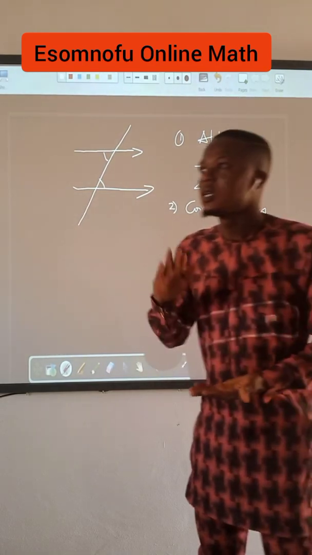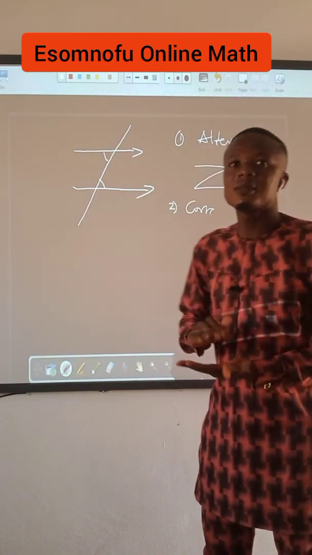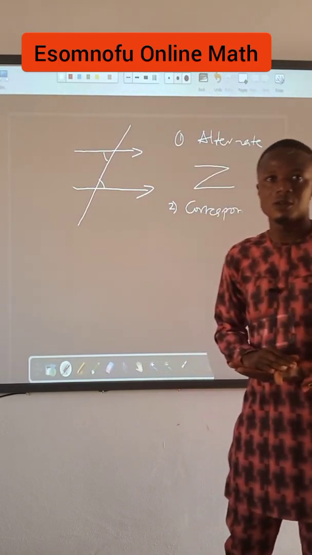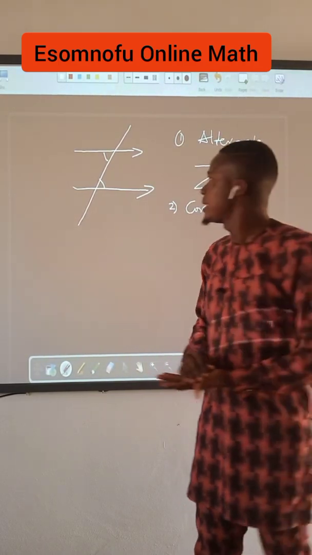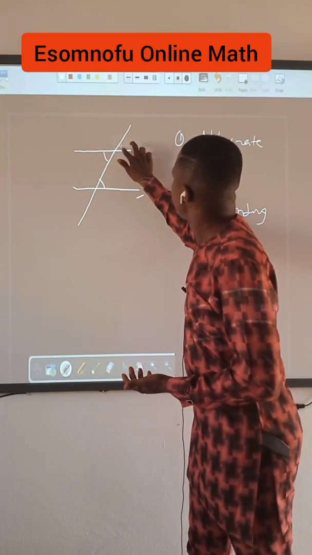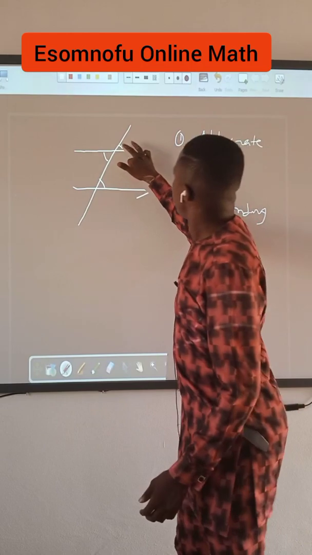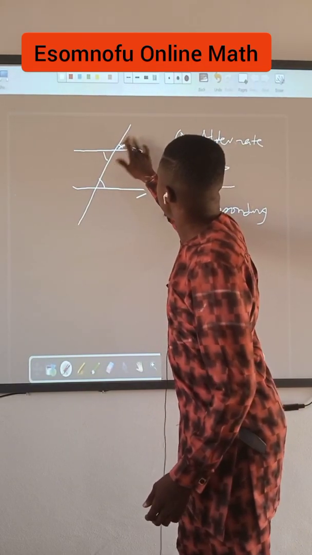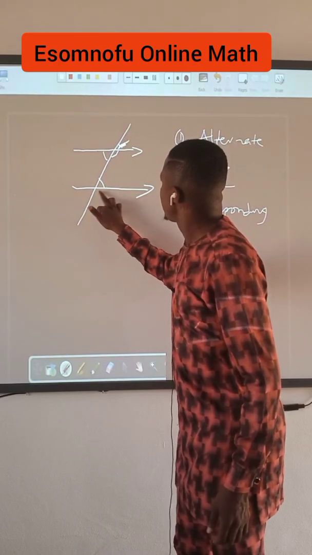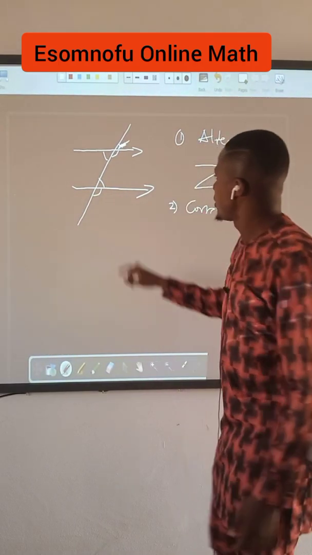Corresponding angles are formed on the same side of a transversal line, but they are seen on different regions. One is outside, one is inside. For example, now look at this angle here. Or rather, if you try to consider this angle here and this angle here, these two types of angle are said to be corresponding.